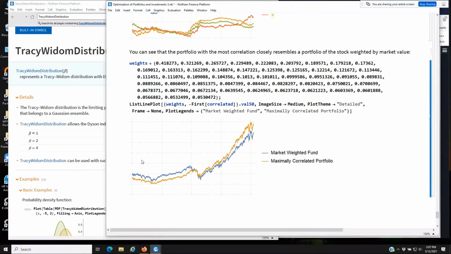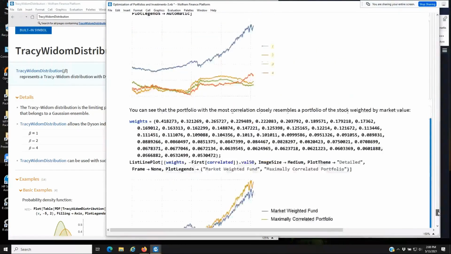So we can use results from statistics, and this is a very important result, by the way, that essentially tells us which of the 50 stocks to choose and how to allocate them in such a way that we're going to get something that replicates the S&P 500.